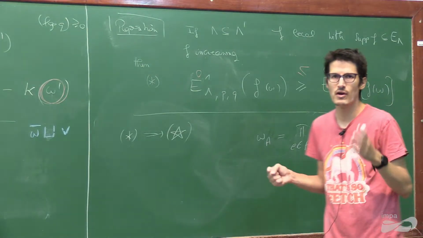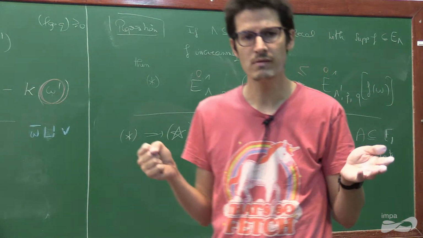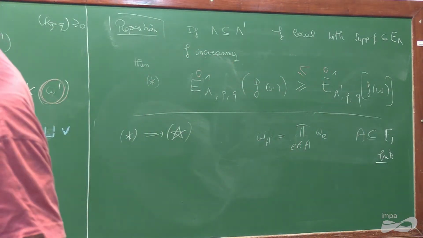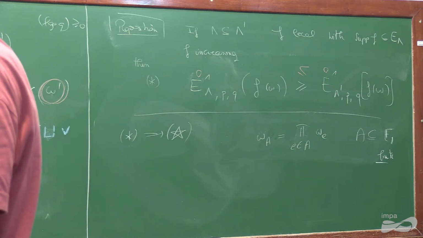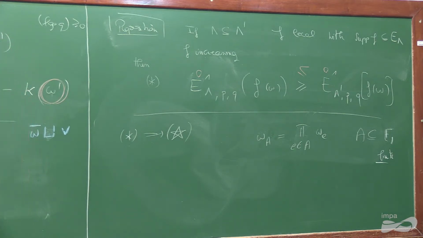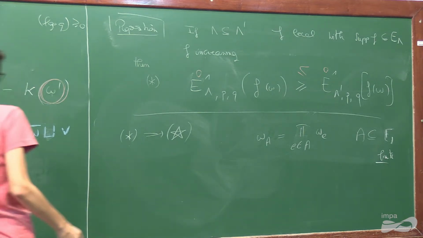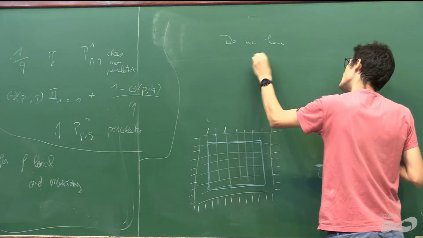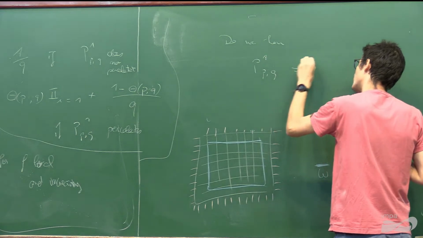So therefore, you have another limit for P0. I mean, you have P1 lambda, which is decreasing, P0 lambda, which is increasing. They both converge to a limit, and you can ask yourself, well, do we have P1 pq equal to P0 pq?